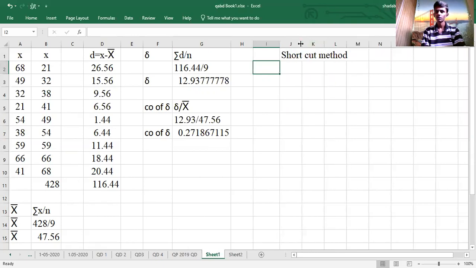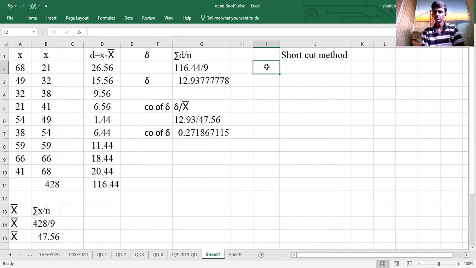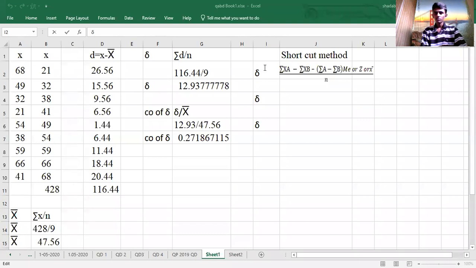The formula for calculating the mean deviation by the shortcut method is: sigma xa minus sigma xb minus open bracket sigma a minus sigma b close bracket into x bar, because we are using the mean, divided by n.